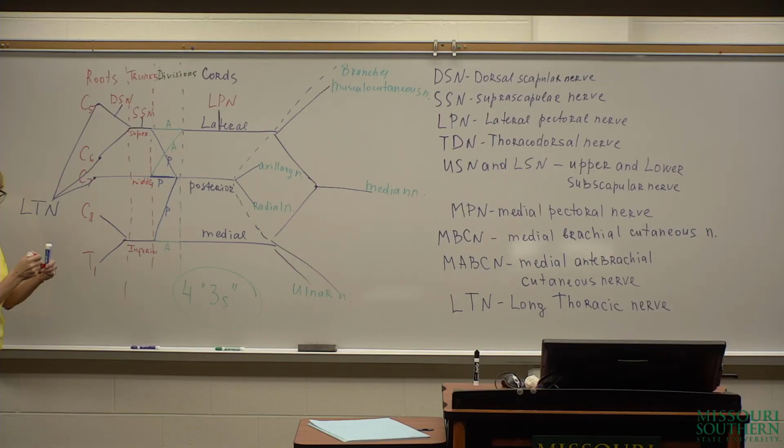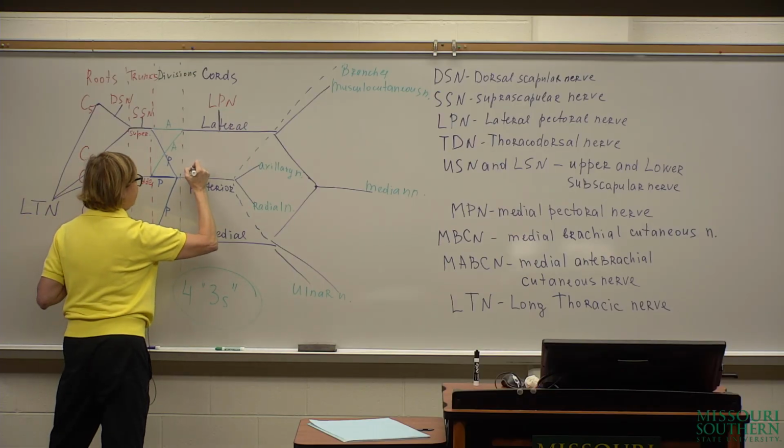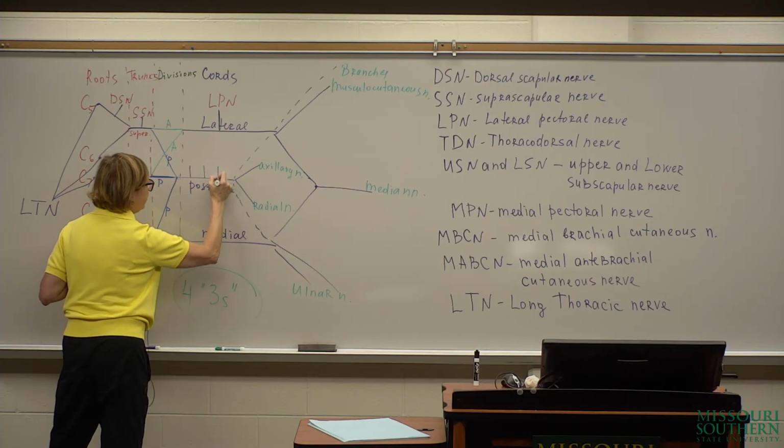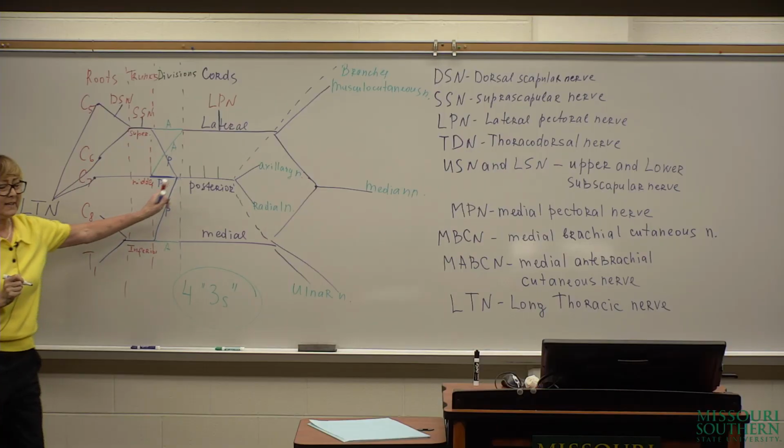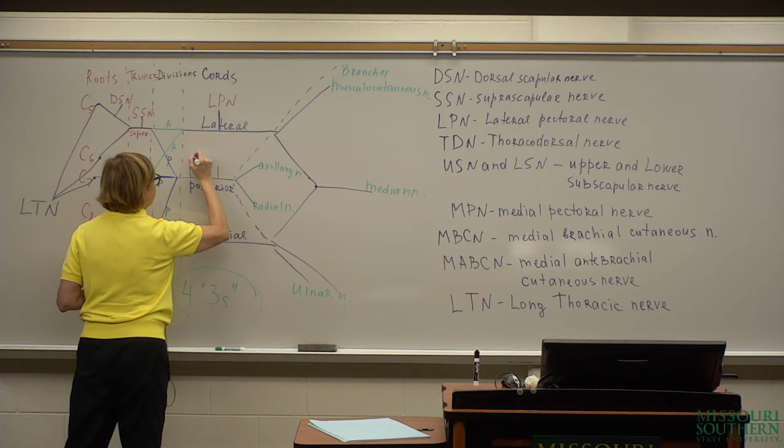All right, so next 3 from the posterior cord. 1, 2, 3. Right in the middle is the thoracodorsal nerve.